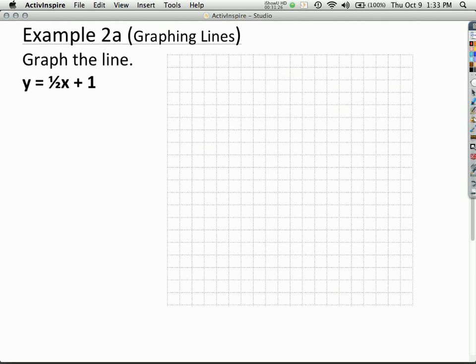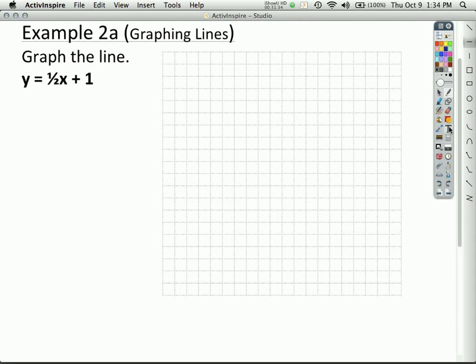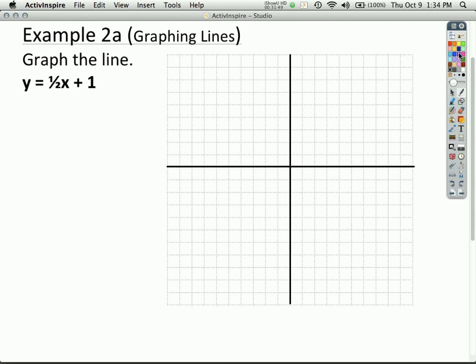So this is part A of example 2, graph the line. So we need a coordinate grid. And then we need a quick refresher.